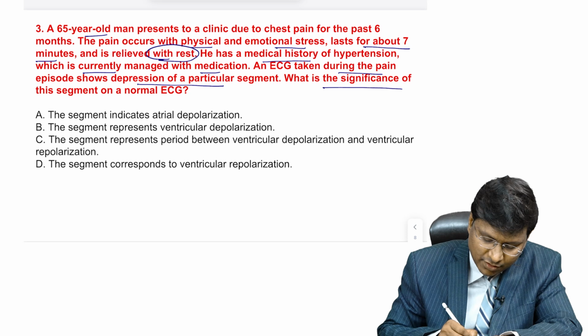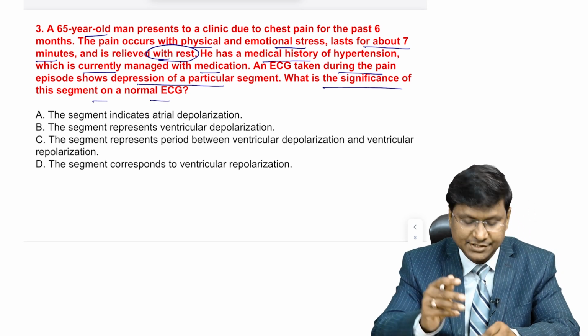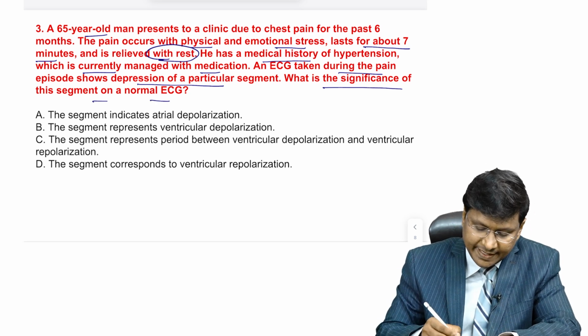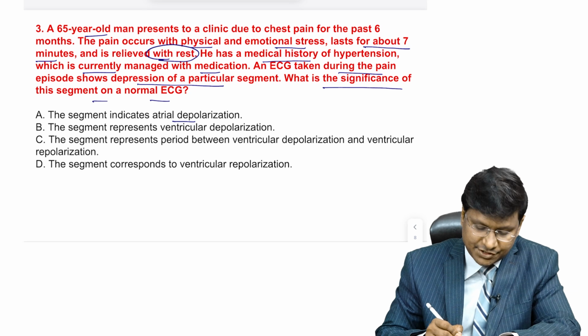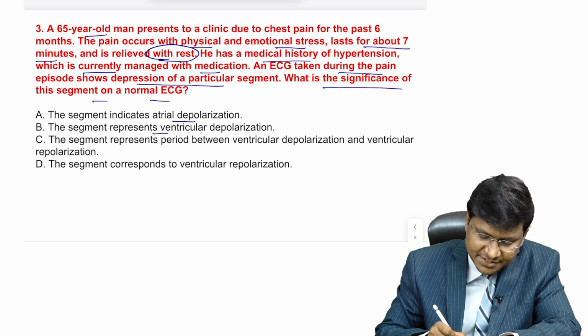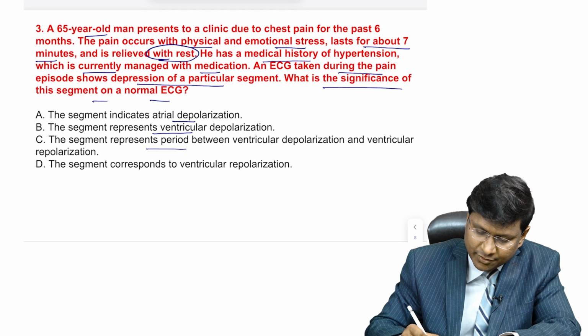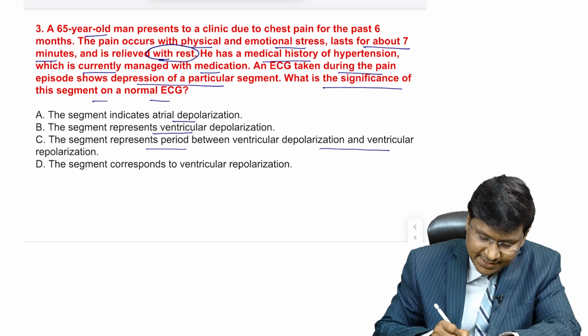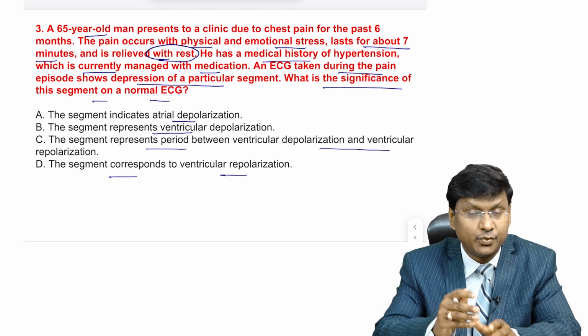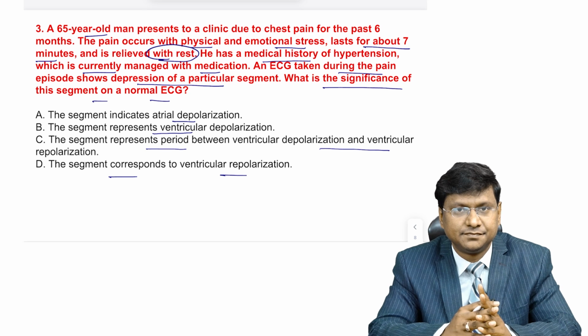What is the significance of this segment on the normal ECG? The segment indicates atrial depolarization. Segment represents ventricular depolarization. Segment represents the period between ventricular depolarization and ventricular repolarization. And segment corresponds to ventricular repolarization, right?